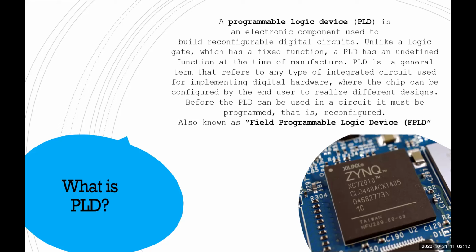That means when you go to the market and buy an AND gate or a NAND gate, you know what gate you are buying, right? And you know what this IC will do. An AND gate will give you an output if both inputs are one. If one of the inputs is zero, then the output will be zero. Before or after buying it, you already know what your IC is going to do, right?